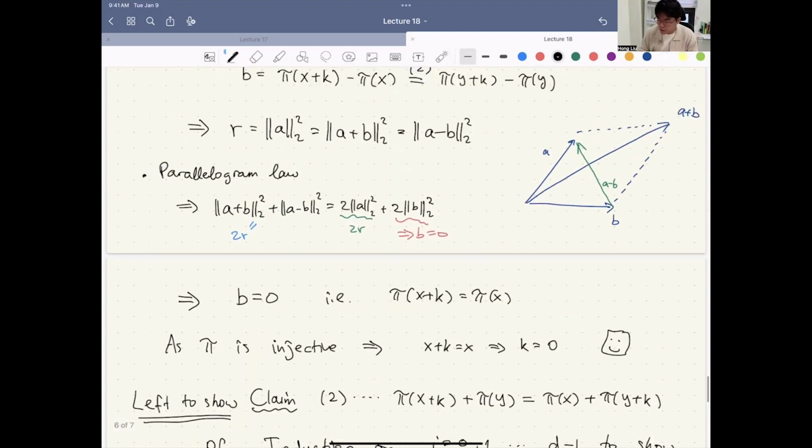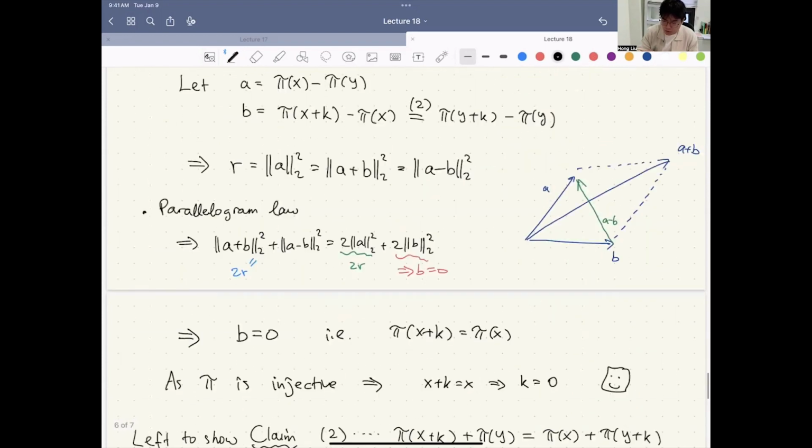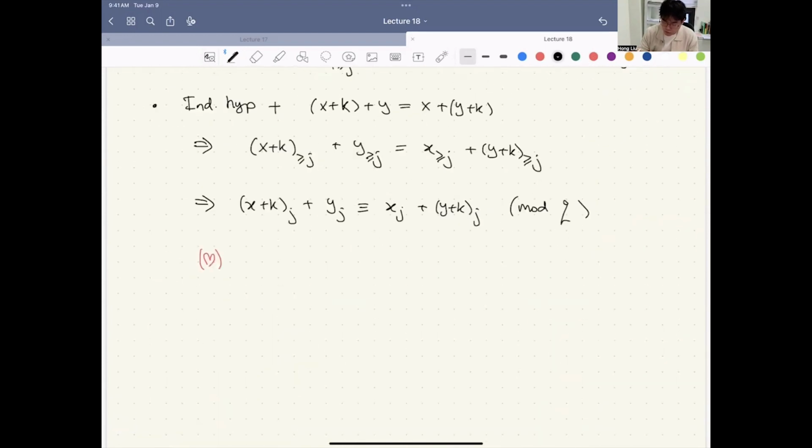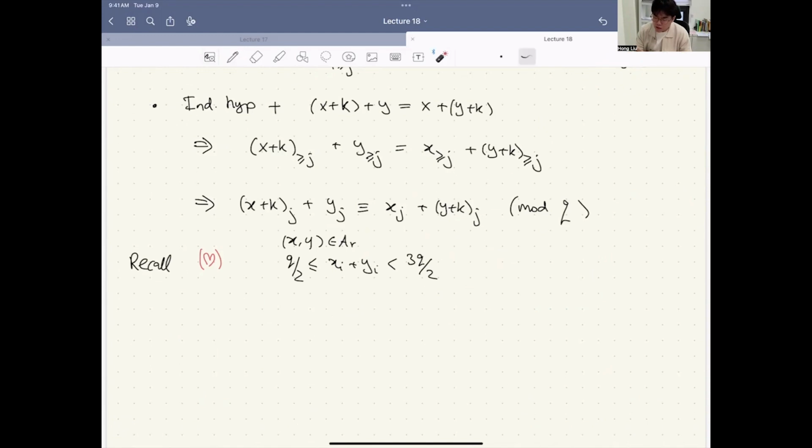Let me just recall it. Recall each xi plus yi, if x, y is in AR, we have this is between q over 2 and 3q over 2, right? In particular, this means this equality actually holds without mod q, because this is also a point in AR.